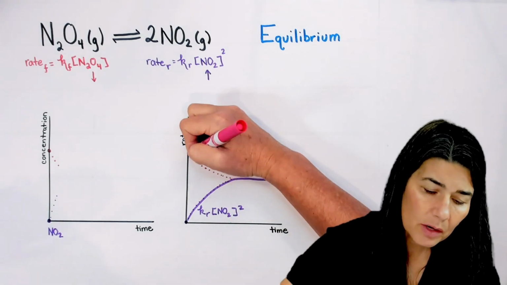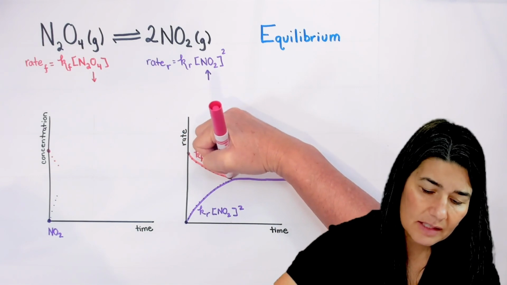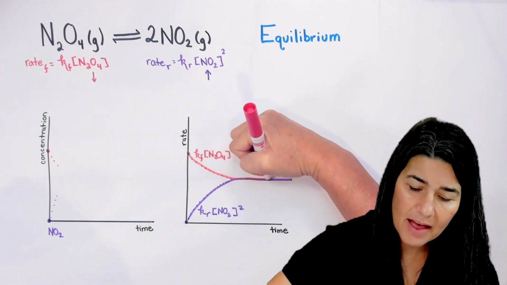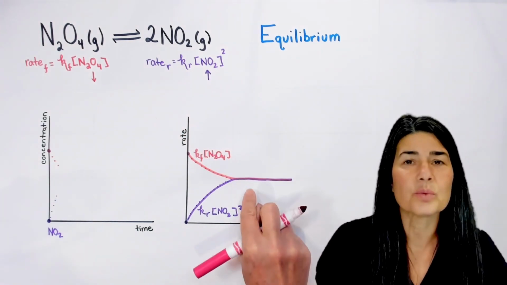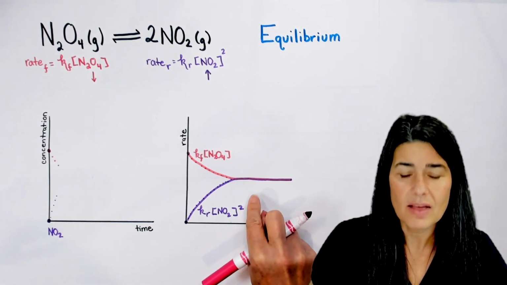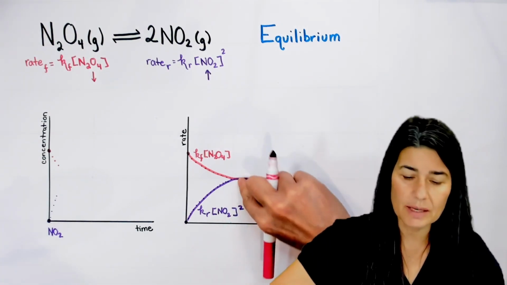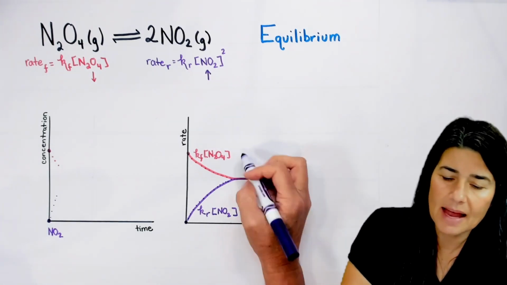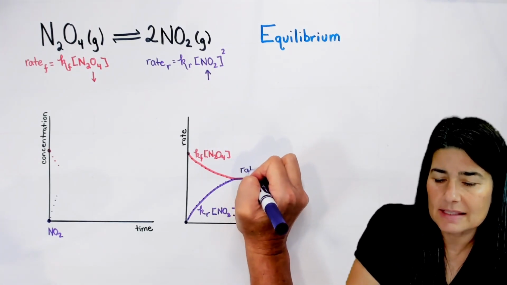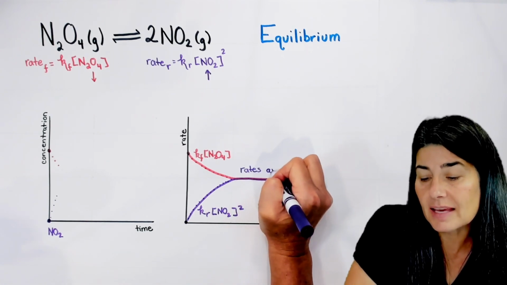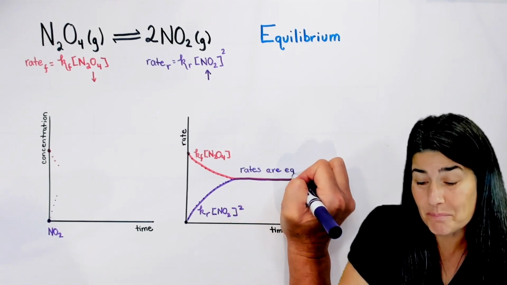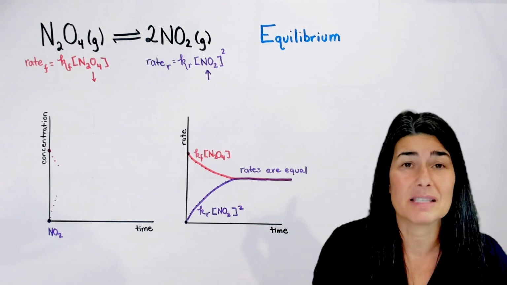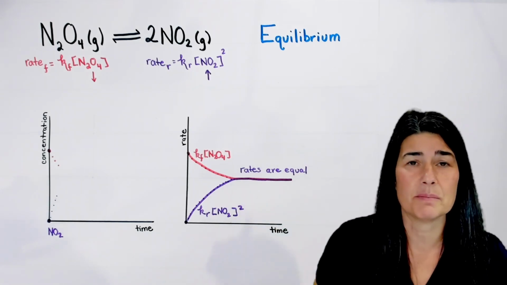The rate in the forward direction decreases until it reaches some value. Once the rates are equal, we have reached equilibrium. So at this point right here, equilibrium has been established. The rates are equal. So when we were saying balanced, it's not balanced amounts, it's rates being equal.